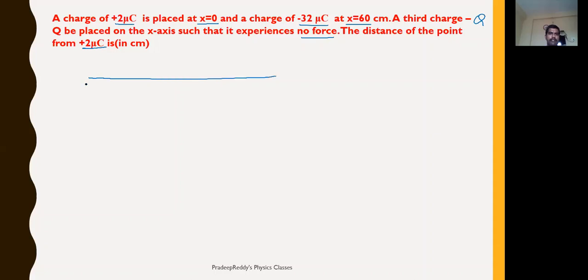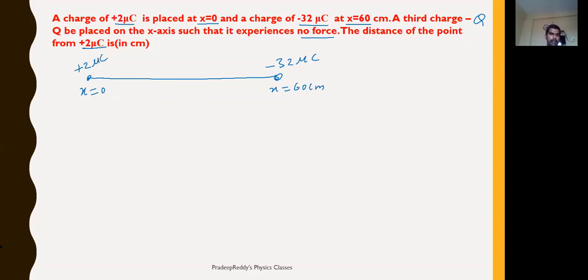Consider this point where x is equal to 0, and at this position plus 2 microcoulomb is placed. Let us take this as x is equal to 60 centimeter, and at this position it is minus 32 microcoulomb. Now you should place a third charge minus q somewhere in between. If you place it in between plus 2 microcoulomb and minus 32 microcoulomb, then net force cannot be equal to 0.